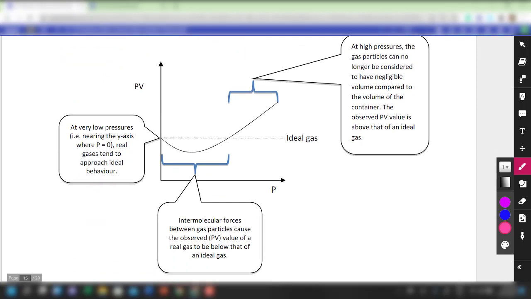Okay, so a negative deviation, we tend to explain it by focusing on the intermolecular forces of attraction. Because of the stronger intermolecular forces of attraction, the observed volume for a real gas is actually smaller than expected.